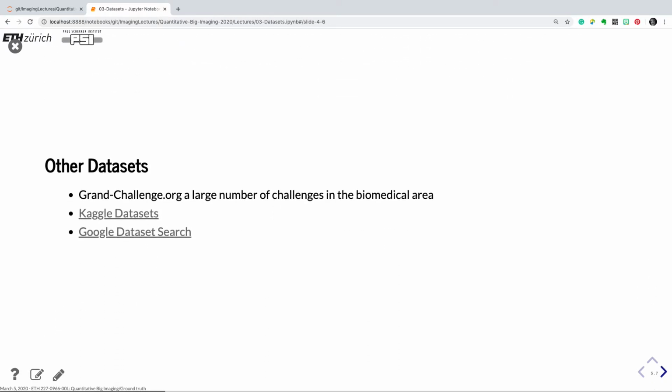Then there are other ways to get data sets. One is going to Kaggle. It's, say, a dataset competition platform for machine learning. Also, Google has a separate search engine for datasets, where you can put in your search terms and you will find any dataset. So, for example, I also uploaded some tomographies.